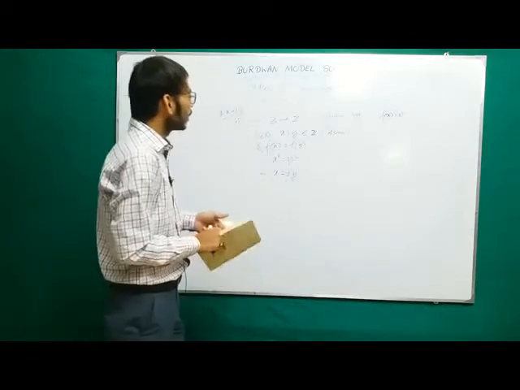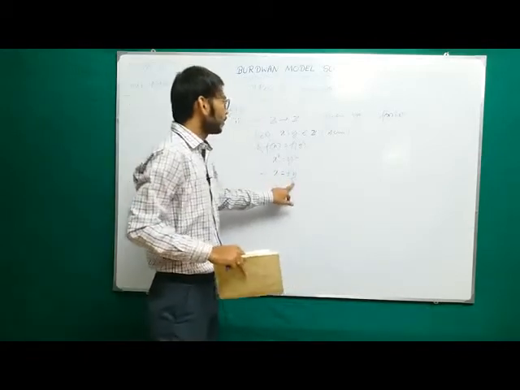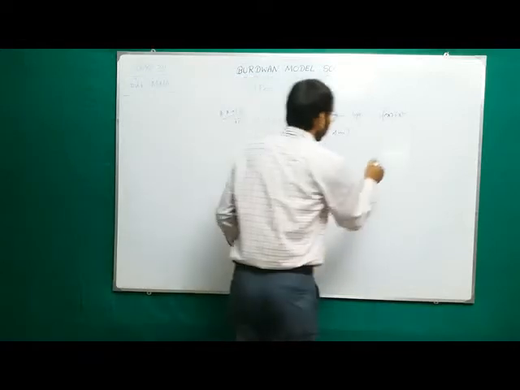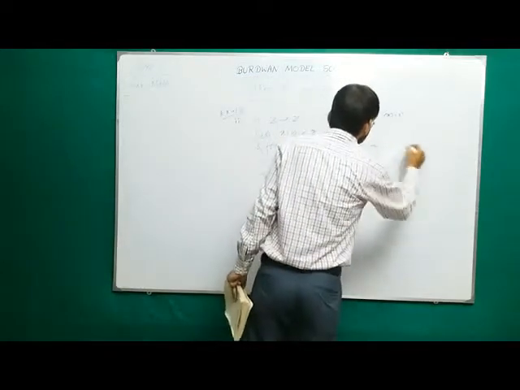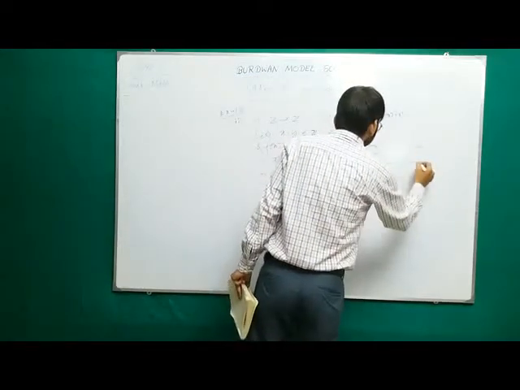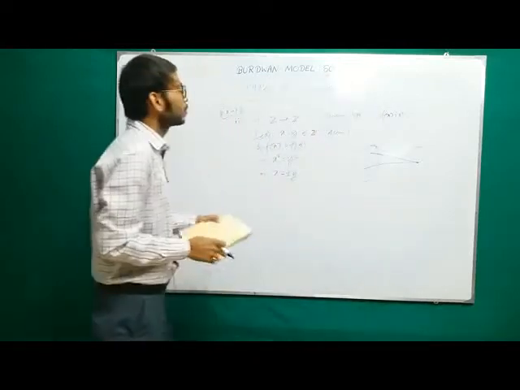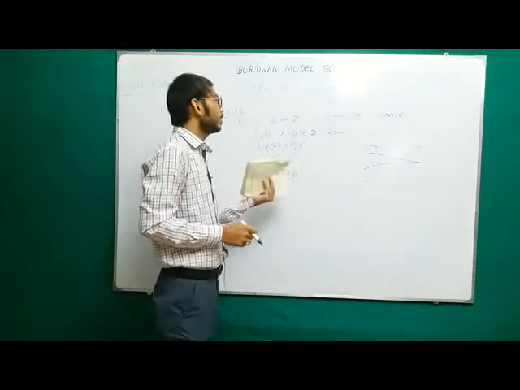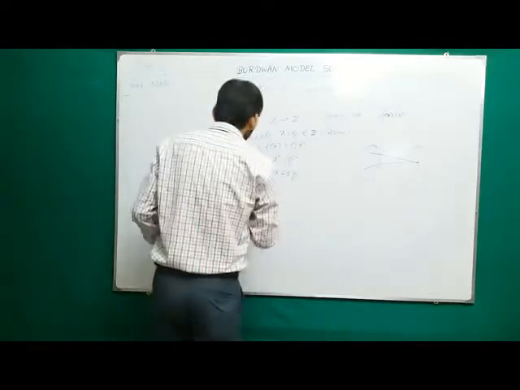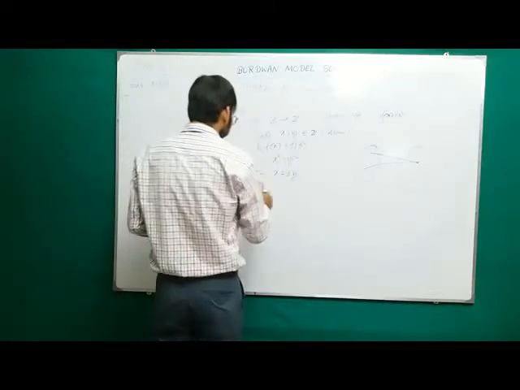So here we get two points. Two points go to a single point. That's why we may conclude that this is not a one-to-one mapping. This is a many-to-one mapping.